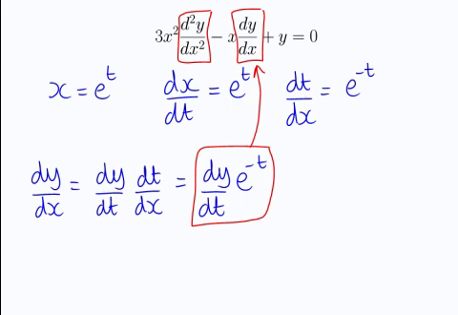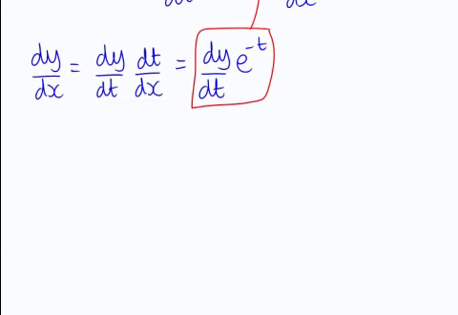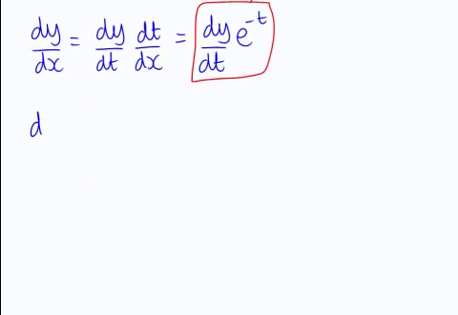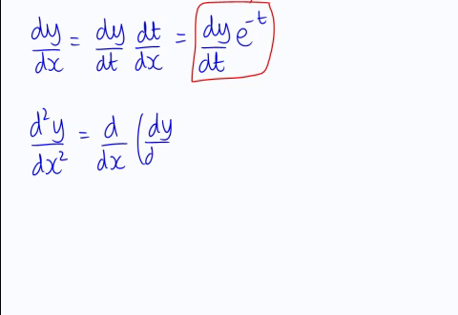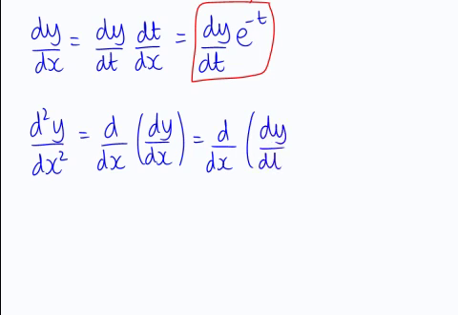So what I'm now going to do is look at d2y by dx squared, and this is a little bit more complicated. d2y by dx squared is d by dx of dy by dx. In our case, dy by dx is what's in that red box above. It's dy by dt multiplied by e to the minus t.